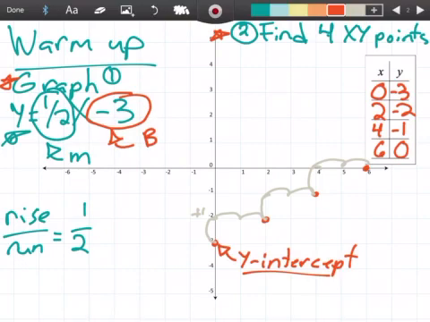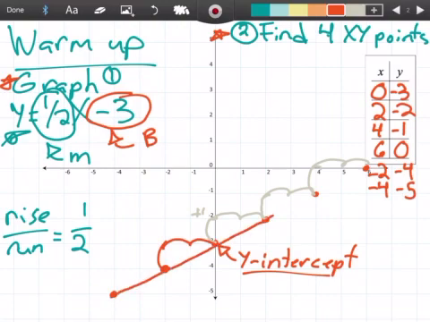No, you could have also backtracked 2 units, gone down 1 unit, and gotten this other point of -2, -4. Could have kept this momentum going, and gotten -4, -5. These points are just extra. But notice that this creates the straight linear line for y equals 1/2 x minus 3.